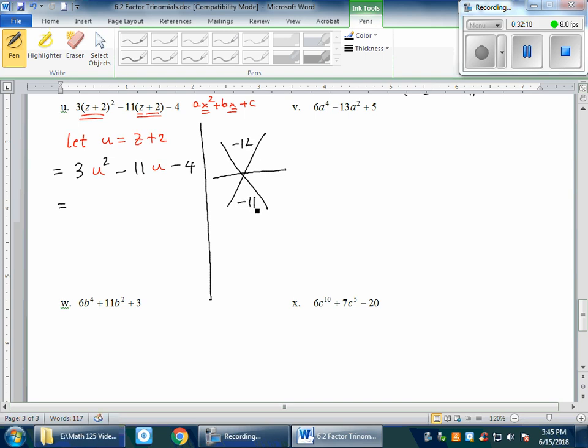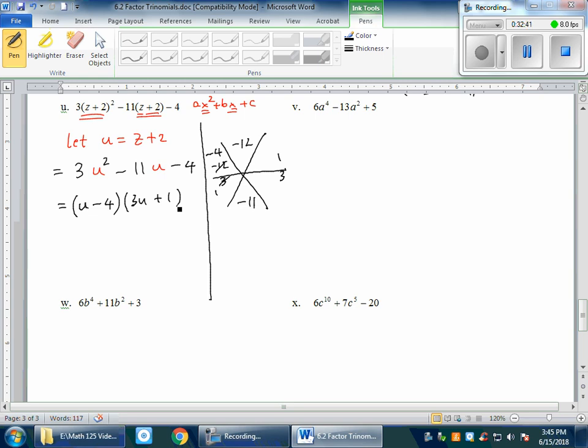We want negative 11 for b. So two numbers multiply to get negative 12, added up to get negative 11, that must be negative 12 and 1. And we need to divide it by a, which is 3. So 3 goes into 1 one time, 3 goes into 12 4 times. So my answer for factor will become u minus 4 and then 3u plus 1 from each factor.